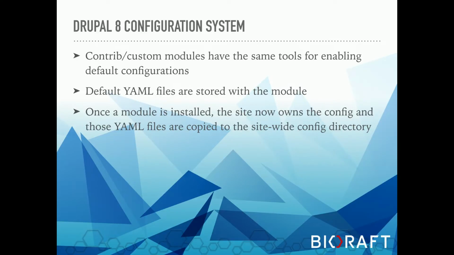Drupal 8 gets rid of all that, and it gives you one system with the same tools for editing default configurations. Those default configurations are stored in YAML files, stored with the module, and then again, once the module is installed, the site now owns the configuration, and those YAML files are copied to the site-wide config directory when you export.